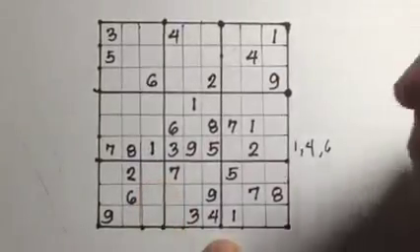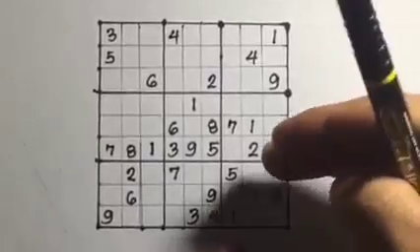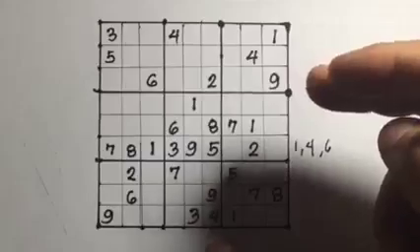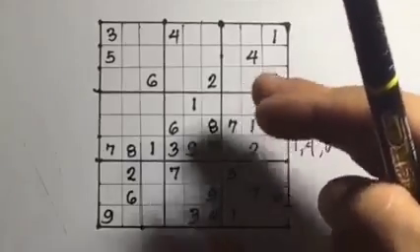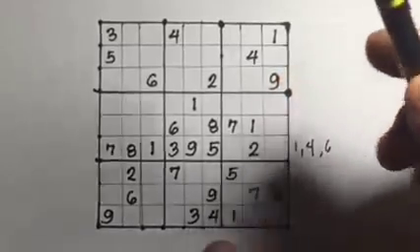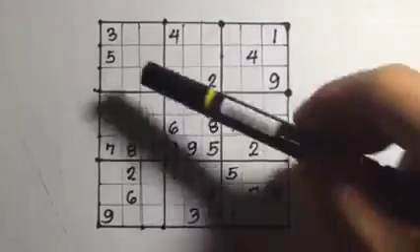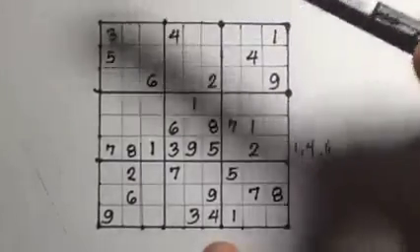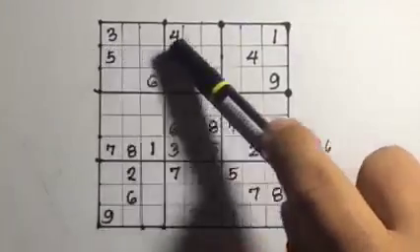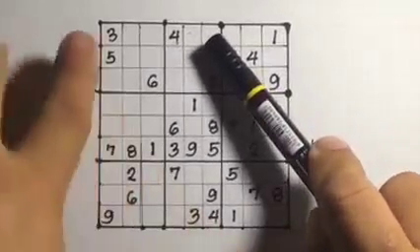Then another technique here is you're going to scan from numbers 1 to 9, and you're going to look at each block and each cell for the possible solution. For example, you have here number 3. If we're going to have number 3, in this row, you cannot write here number 3. It's because there is number 3 here.